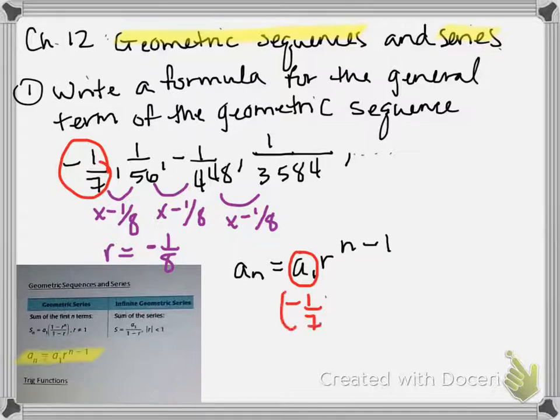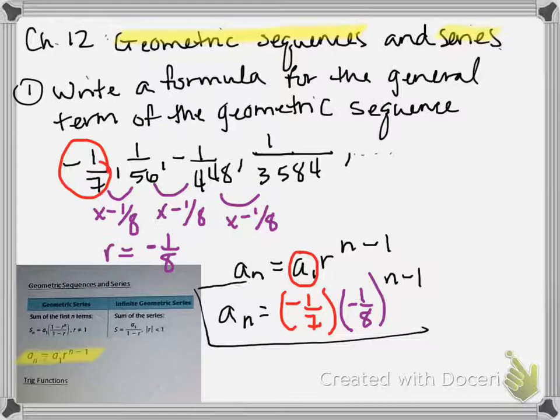I'll put that in parentheses. R is my constant ratio, and I already figured out that r is negative 1/8. N is my general term number. So there we go: negative 1/7 times negative 1/8 to the n minus 1 power. There's my general rule. Let's do another one.